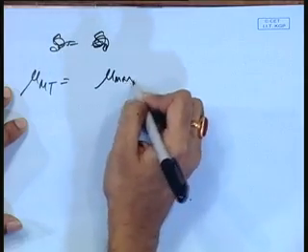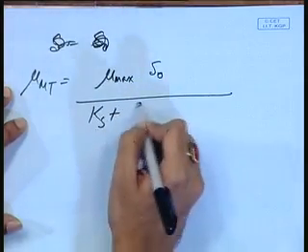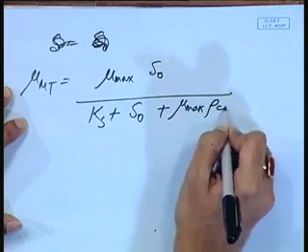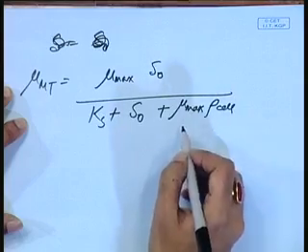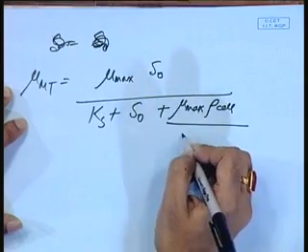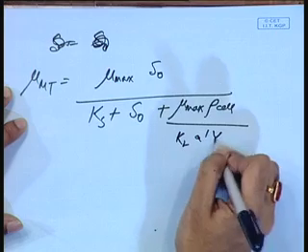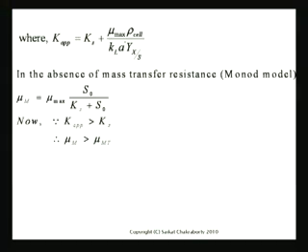You will get mu max S naught over Ks plus S naught plus mu max rho cell plus KL A prime into Y. So this is what you get.